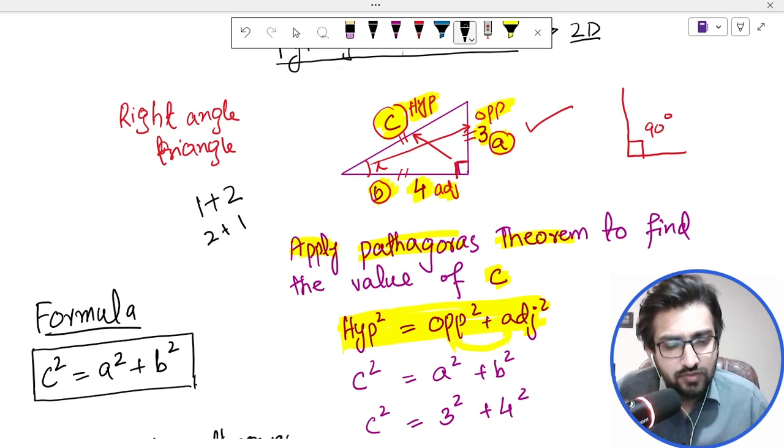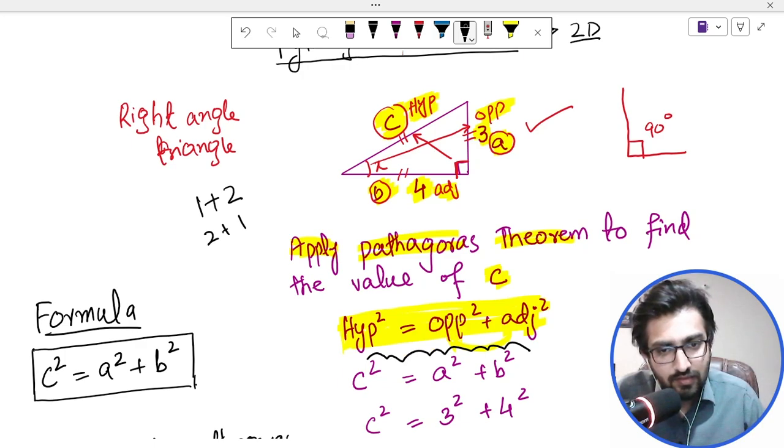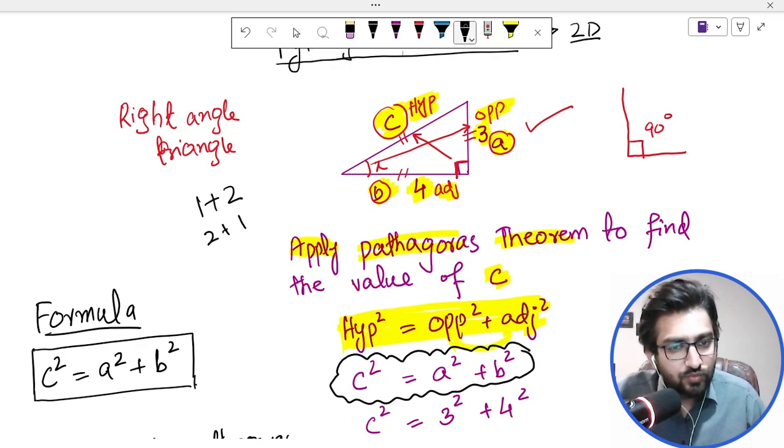In most books, the formula is written in this way: c square is equal to a square plus b square. Actually, c is the hypotenuse. C must be the longest side in the triangle. If you want to use this formula instead of that, then you need to keep in mind that C must be the longest side of the triangle which you are solving.